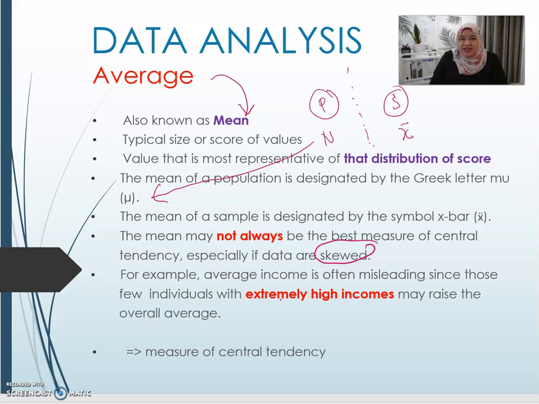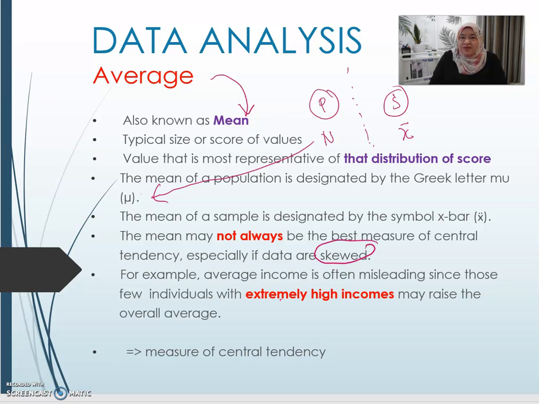Which means when we say now we have the B40, M40 and T20 class of average income in Malaysia. So if you want to look at the students in the class with family average income of B40, T20 and so on, we want to make an average of that income for the students in the class.